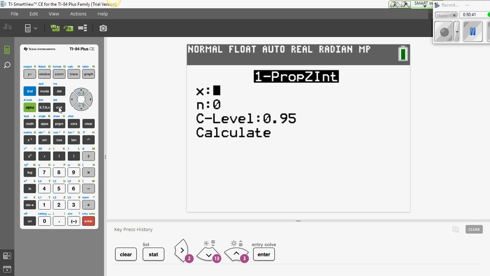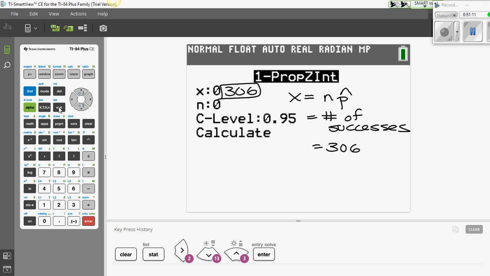No, what does it say to do? Put x. So x is going to be n times p hat, AKA, it's going to be the number of successes. So when you did your condition check, what did you get for n p hat for that example? You said 306, right? 306. So you're going to put 306 here. So X is the number of successes.